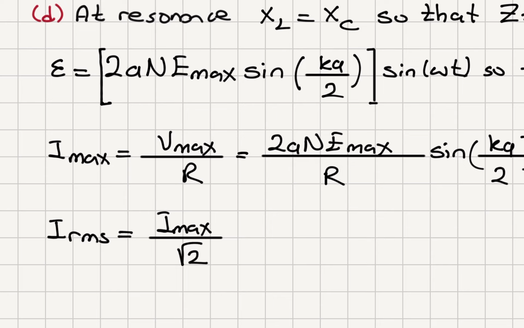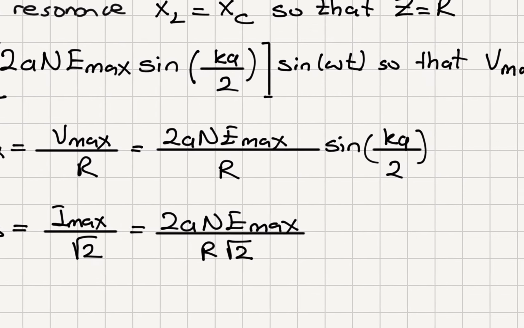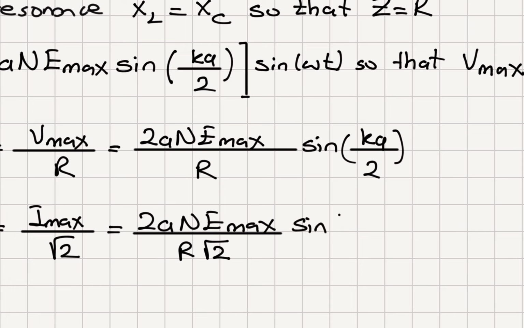So this will be equal to 2A capital N E max sine Ka over 2 divided by R square root 2.